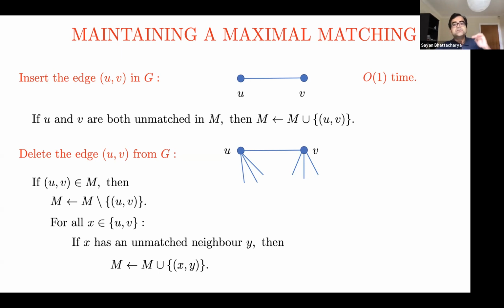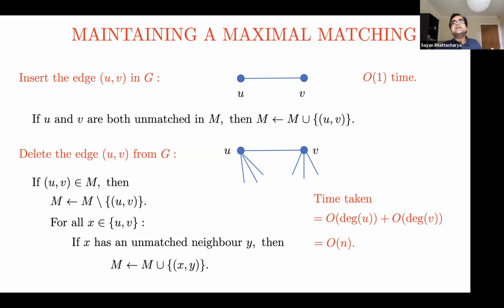At the end of this procedure, you can be sure that you end up with another maximal matching. What is the time taken to handle a deletion? It's proportional to the sum of the degrees of the 2 endpoints, because you are making linear scans of their neighborhoods. And these degrees can be as large as n. So the time taken can be as large as O(n).